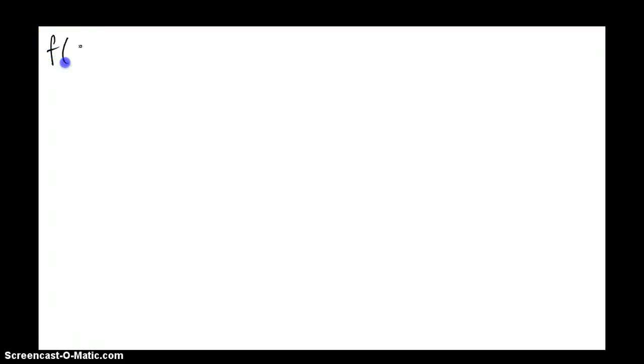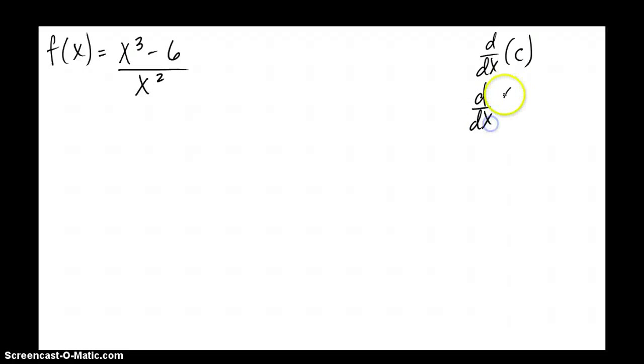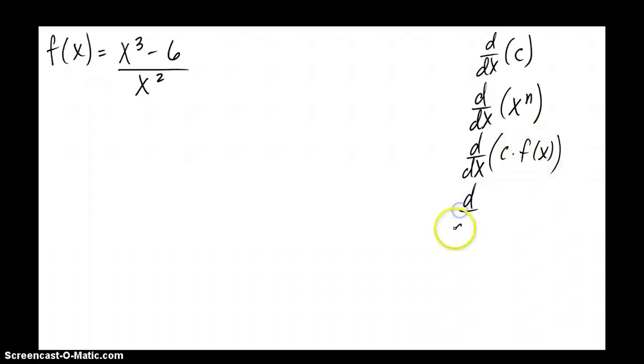Okay, let's look at the function x cubed minus 6 divided by x squared. The only rules you have are constant, power rule, x raised to some power, coefficient times a function, and the only other derivative rule we can use is if we're adding or subtracting functions. Well, this has a division in it, so you don't have a rule to find that derivative yet.